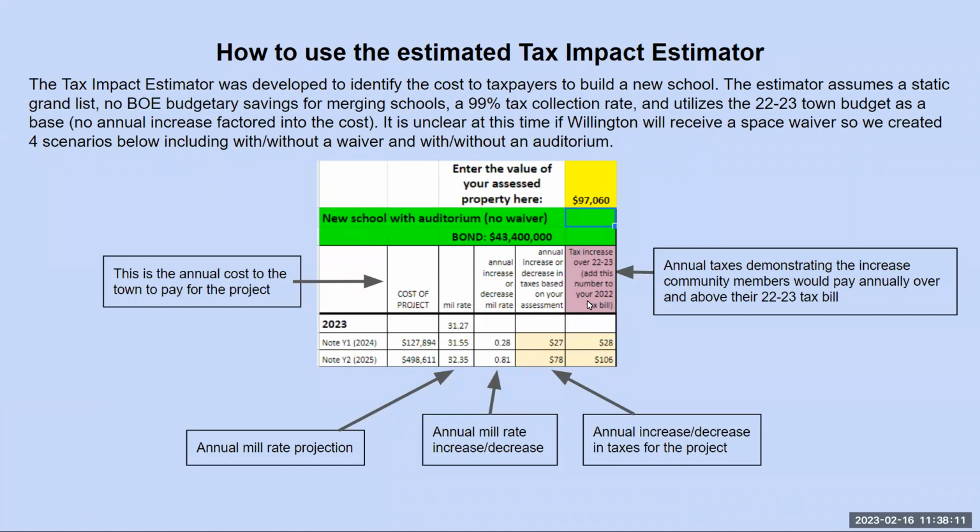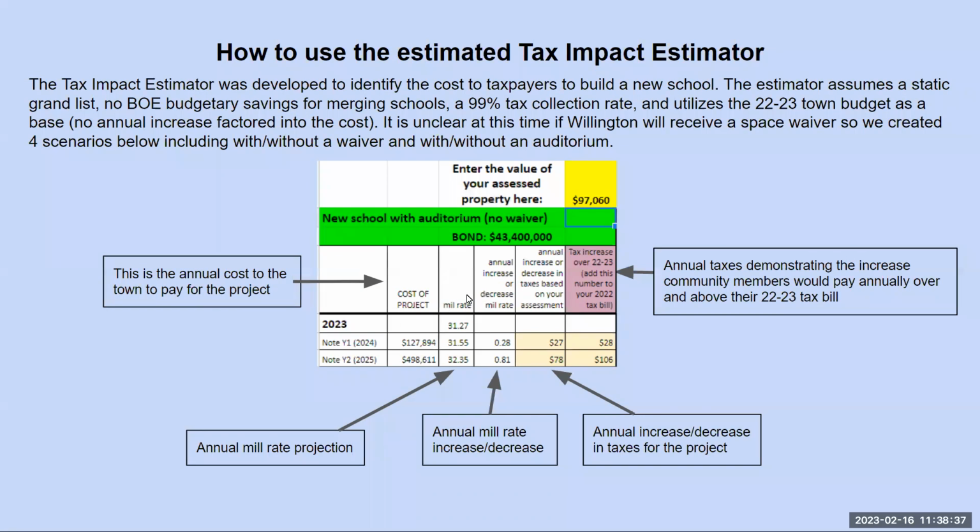This information will help you understand what those columns mean. The column headings are the same for each of the items, whether it's a new school with an auditorium or not, and whether there's a waiver or not. There's the cost of the project, which is the annual cost to the town to pay for the project each year. So that's these numbers here all the way down. The next column is the mill rate.